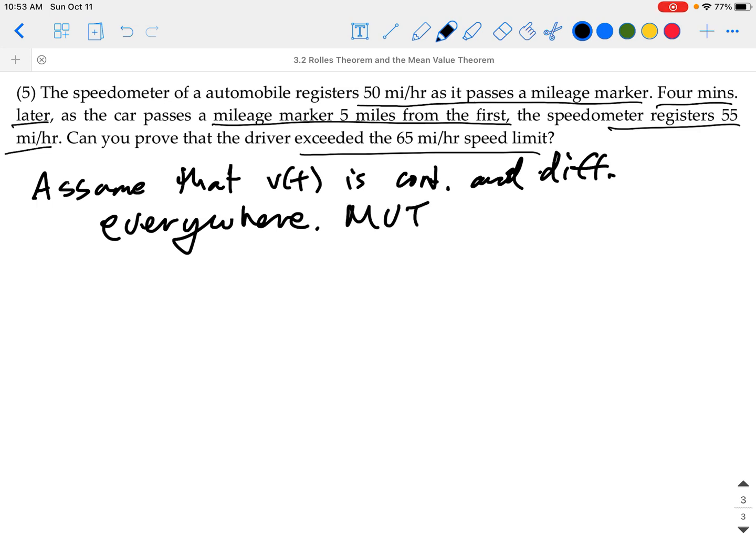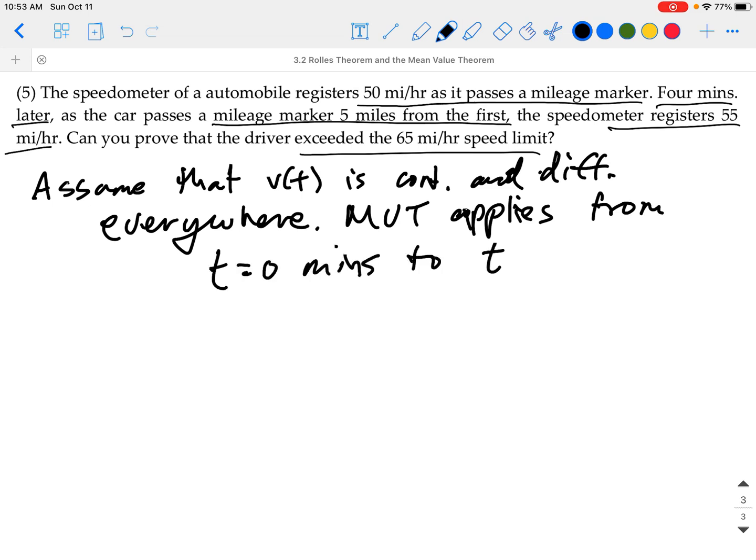So we know that the mean value theorem is going to apply from t equals 0 minutes to t equals 4 minutes. So we'll use this subinterval since it's given that 4 minutes later, we've got our second measurement.